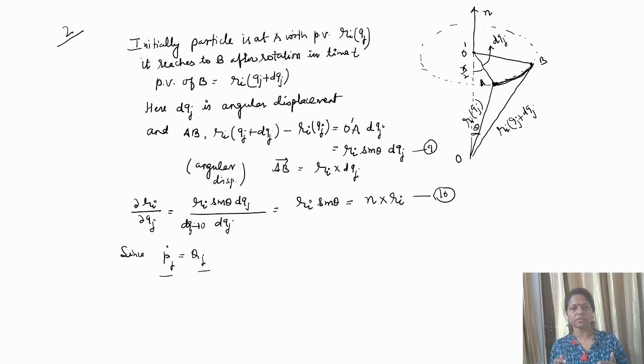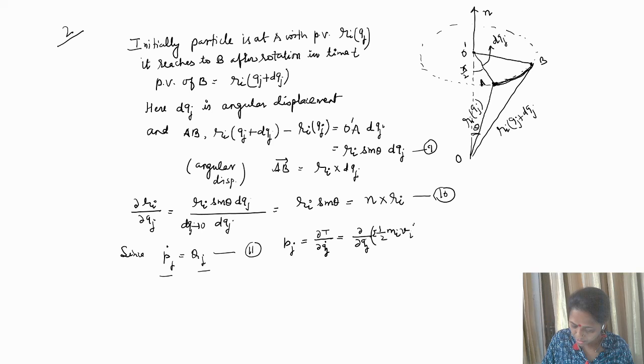That means we'll write what Pj is representing. We'll first take Pj. Pj means delta T delta Qj dot, like in the previous theorem, and this T is half summation of half mi vi square, or in terms of Ri, I may write it as Ri dot square.